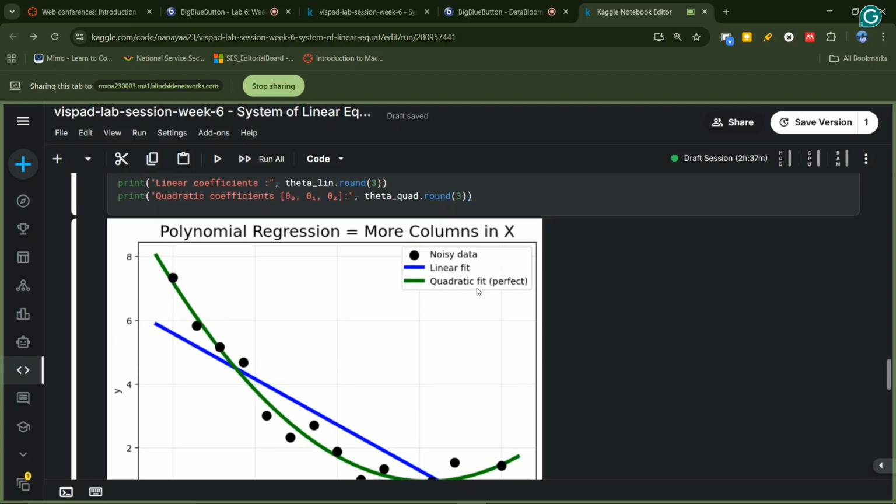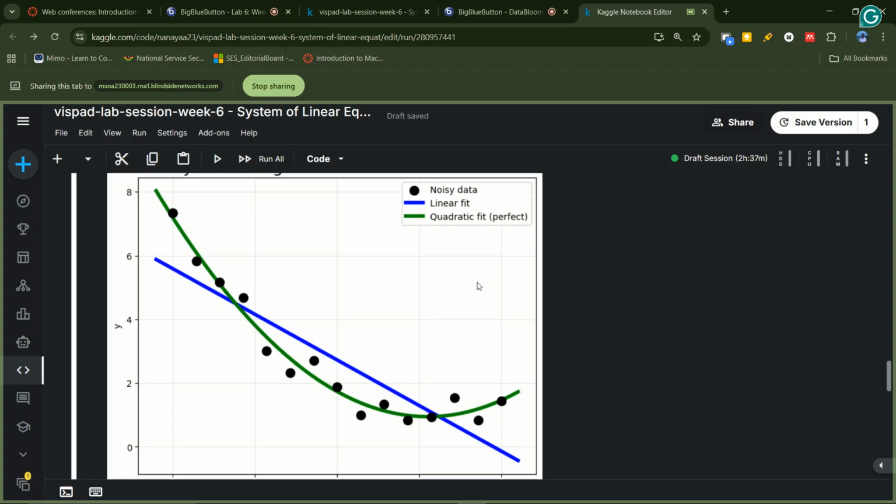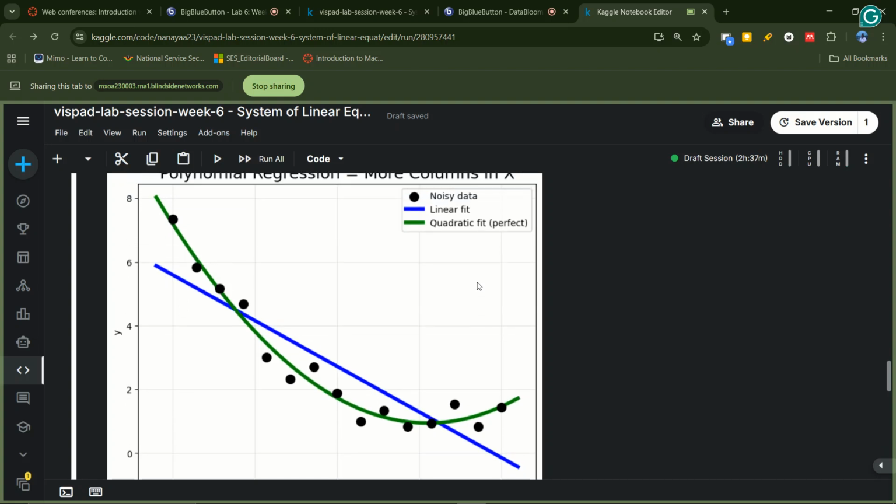Then we have the linear fit, or a linear model, and then we have a quadratic fit. Realize that the quadratic fit was perfect. Even though it didn't fit all the points completely, at least it was much better than going for a linear one. What does it mean? Sometimes, depending on how the data is, solving with linear regression is enough.